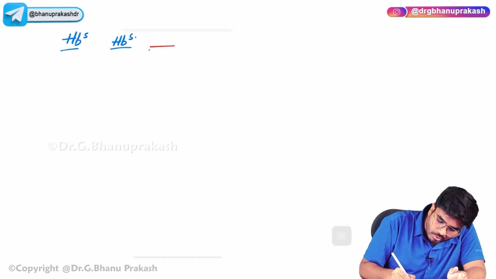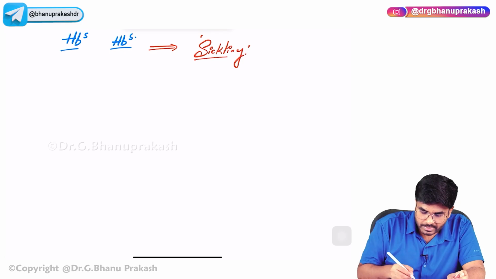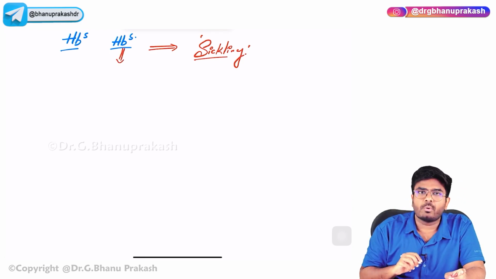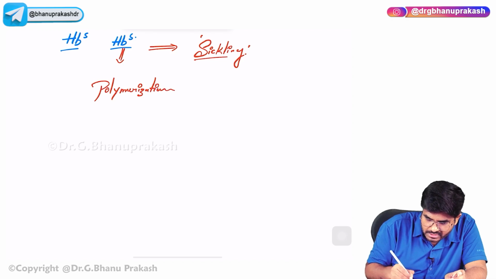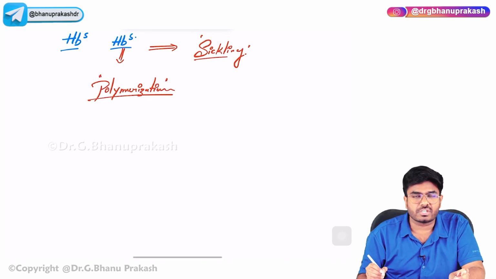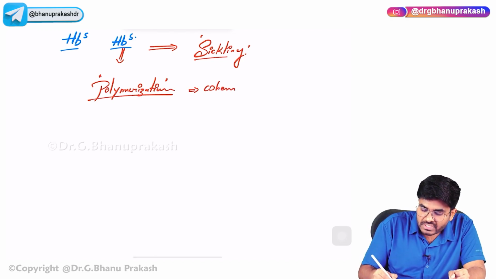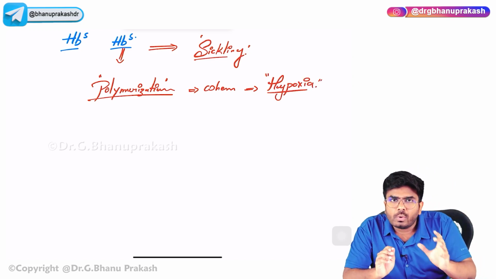So, what exactly is the sickling? The one important point about the sickle cell hemoglobin, HbS, is that it will undergo polymerization. This is not normal hemoglobin. It will undergo polymerization when you expose it to hypoxic conditions.